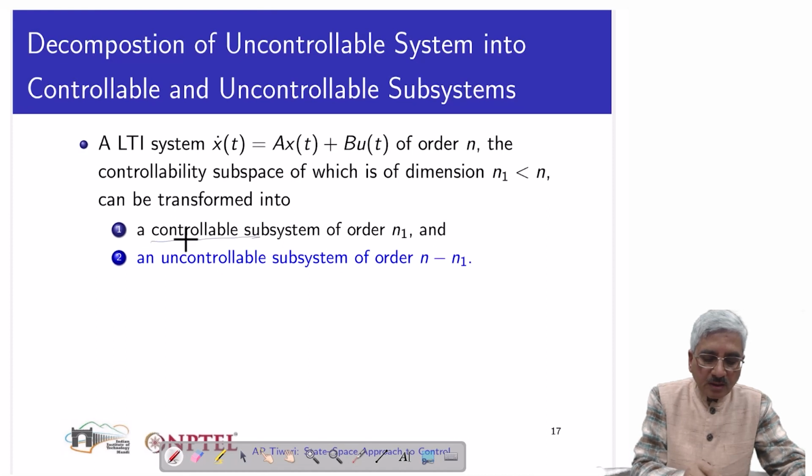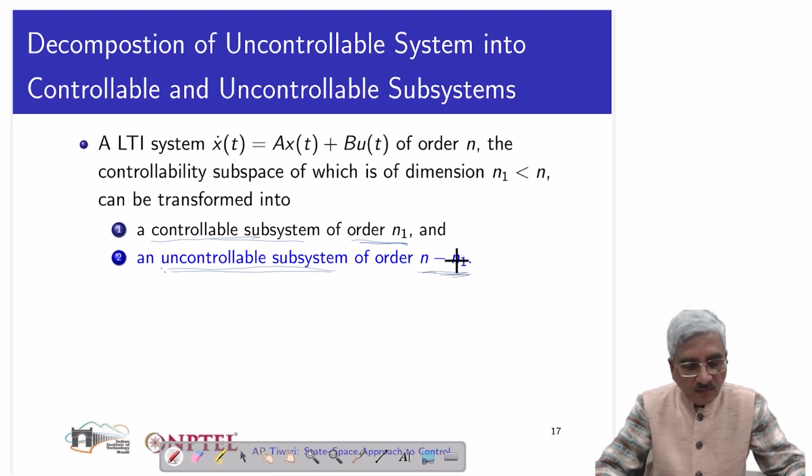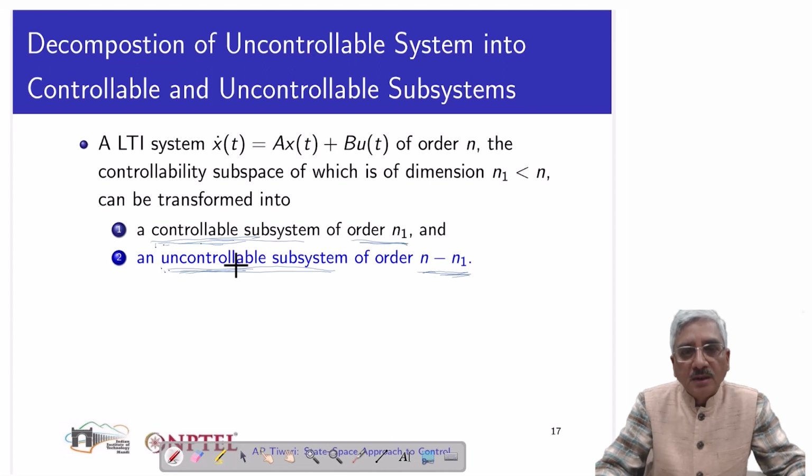One will be a controllable subsystem of order n1, and the other will be an uncontrollable subsystem of order n minus n1. When we say controllable, it means fully controllable, and when we say uncontrollable, it means completely or fully uncontrollable. So an uncontrollable system will be transformed into a controllable subsystem and an uncontrollable subsystem.